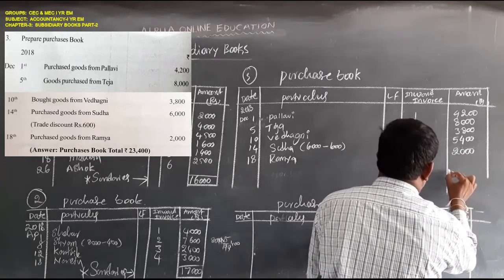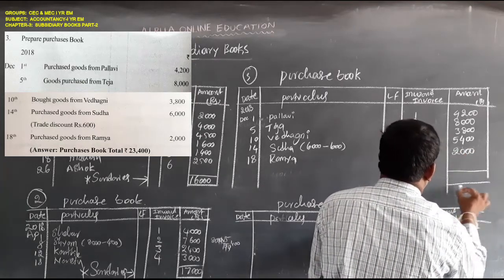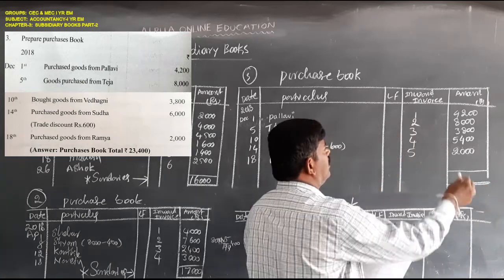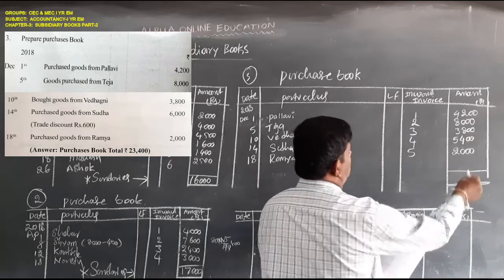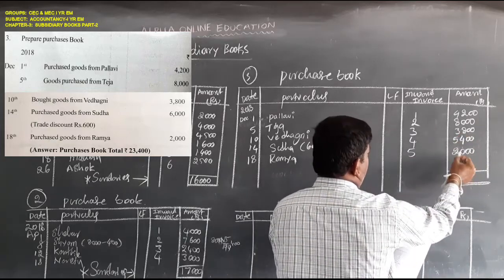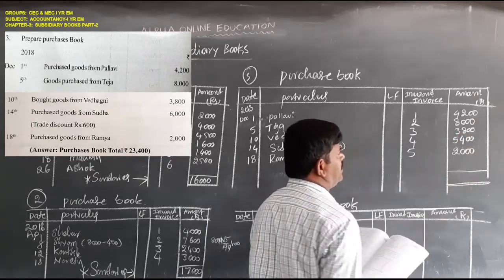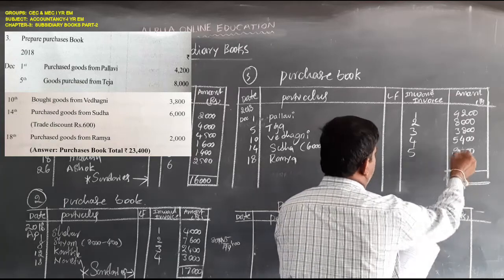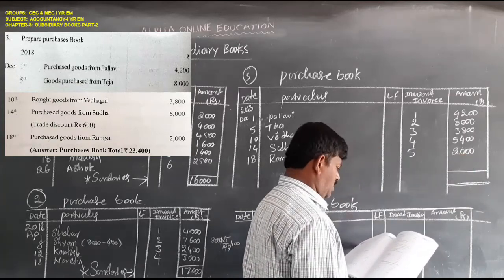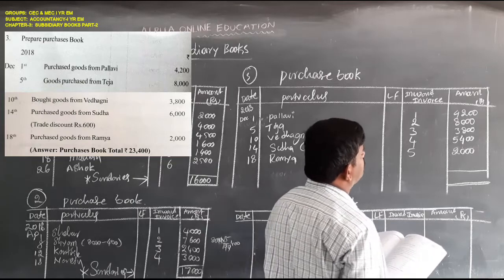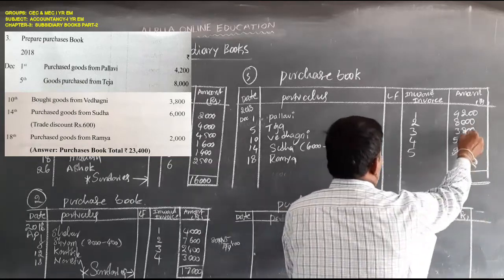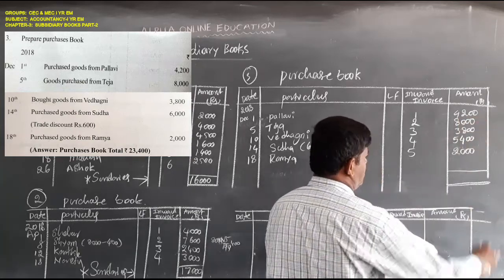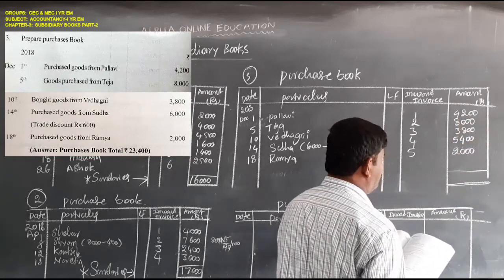So total them. 4 plus 8, 12, 12 plus 3, 15, 15 plus 5, 20, 20 plus 2, 22, 22 plus 1,000 rupees and 400 rupees.